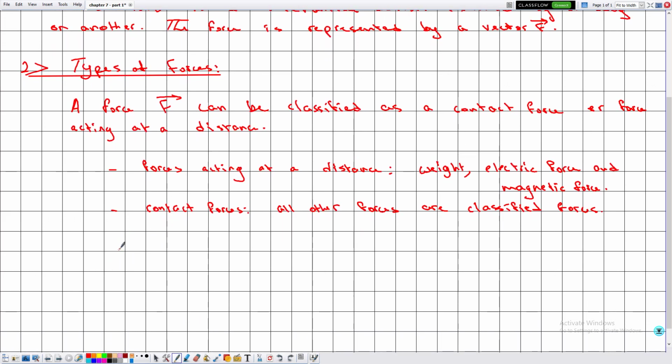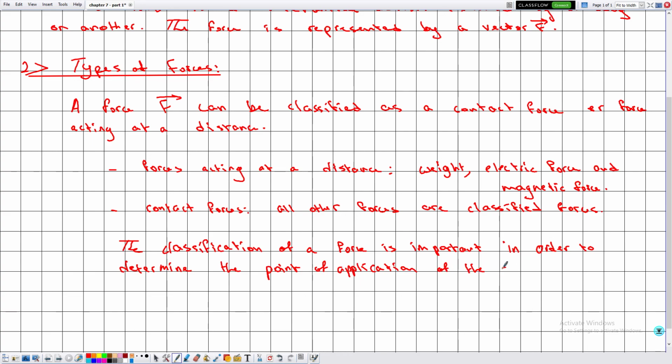The classification of a force is important in order to determine the point of application of the given force.